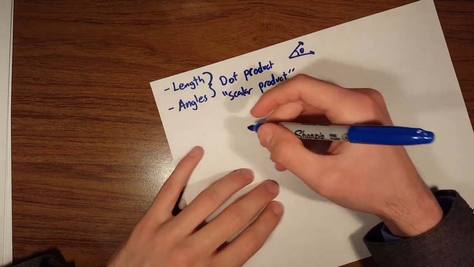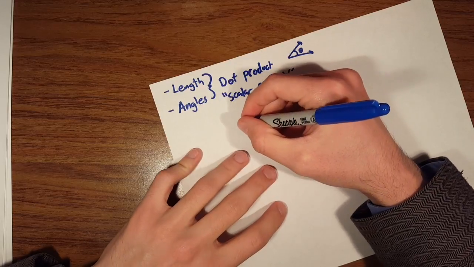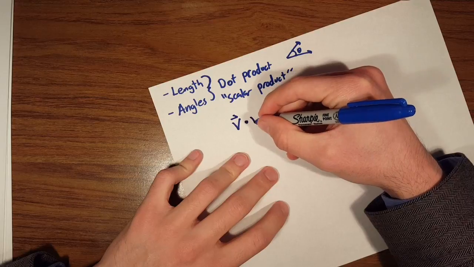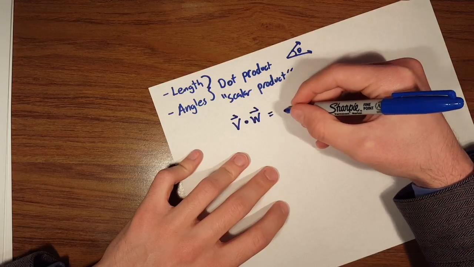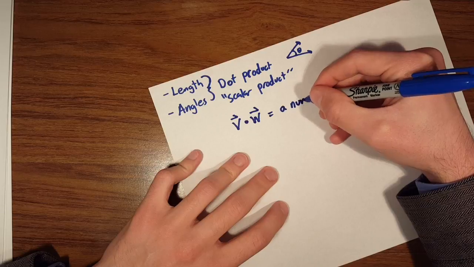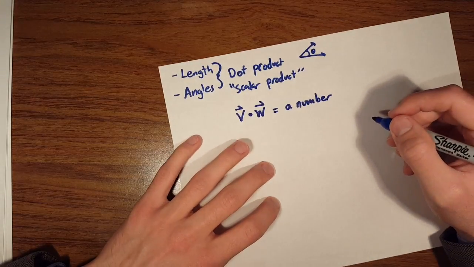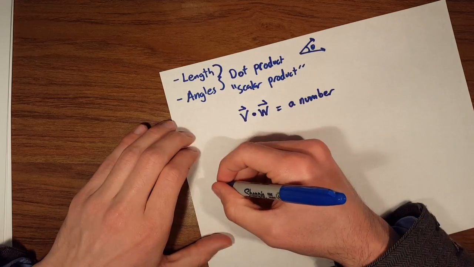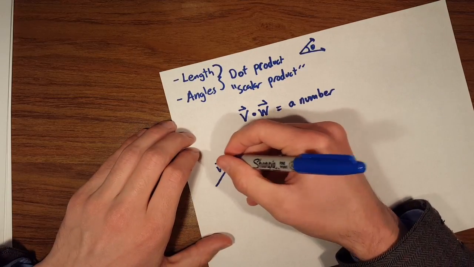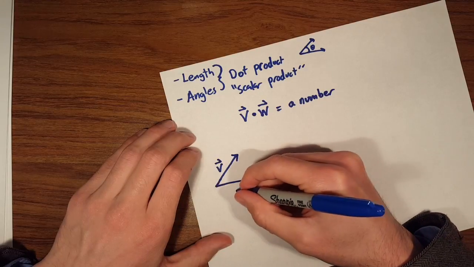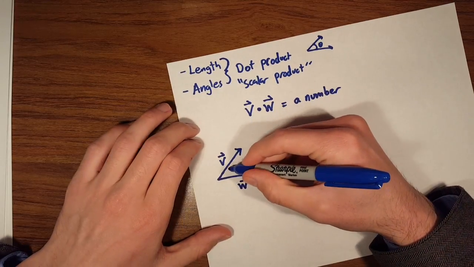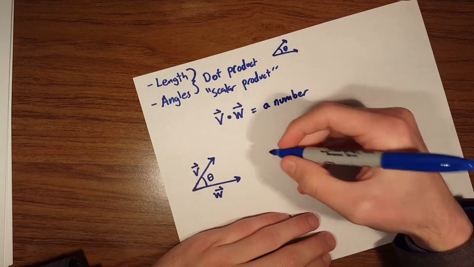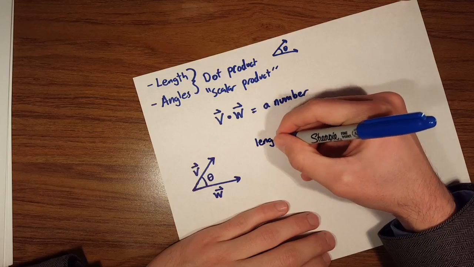Okay, what does this mean? So the dot product or scalar product is an operation that takes two vectors, and it's denoted with this dot, and it produces a number. Okay? How is that number related to the lengths and angles? Well, if I have V and W, I denote the angle between them as theta, and I'll introduce some notation here.